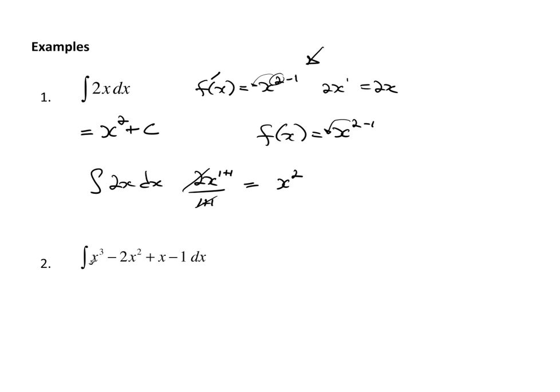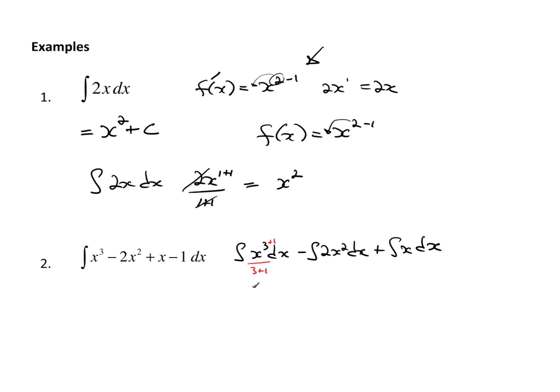So if I break this down piece by piece into all these individual antiderivatives, I could write each one as the integral of x cubed dx minus the integral of 2x squared dx plus the integral of x dx, and take these piece by piece. Now here I'm going to have x cubed, so I want to add 1 to the exponent, and I'm going to divide by that same amount.